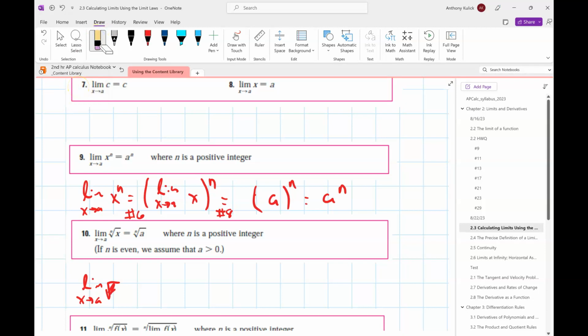How to prove number 10 just by using property 9? Yeah, except it's 1 over n power. And then we just use property 9, because 1 over n is just an exponent, right?